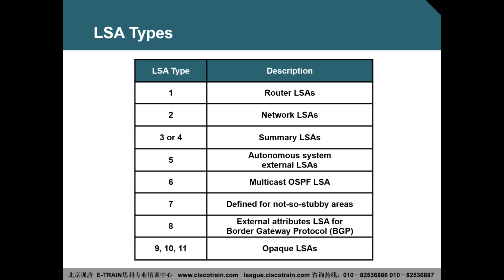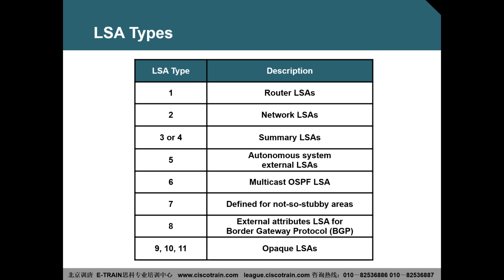So let us see one more time here, then we will move on to our OSPF LSA types, type 1 to 5. So once again, from 6 to 11. Types 9, 10 and 11 are called opaque LSAs.